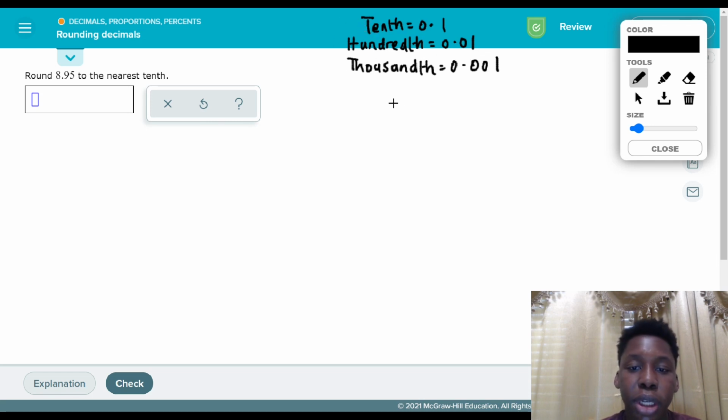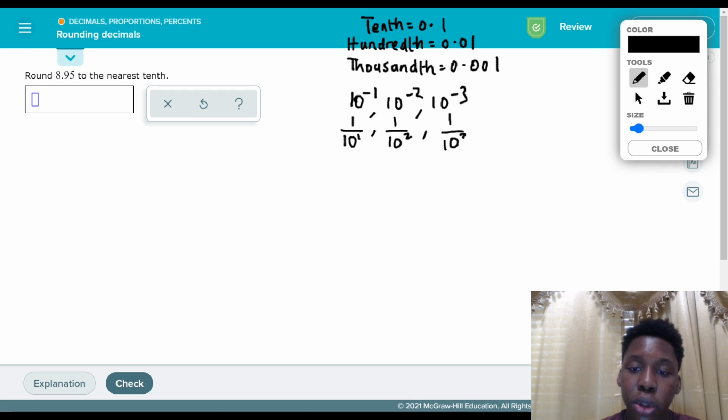What I mean by negative exponents of ten: let's say we're given 10 to the power minus 1, 10 to the power minus 2, 10 to the power minus 3. We know 10 to the power minus anything is basically 1 over 10 to that power. This is 1 over 10 to the power 2, which is 1 over 10 to the power 3.